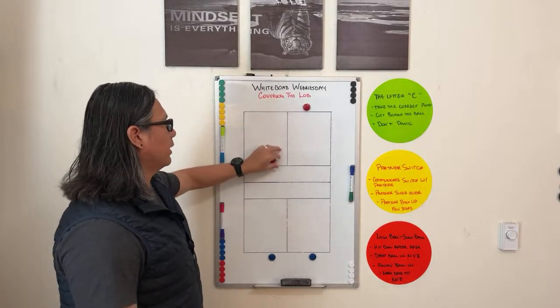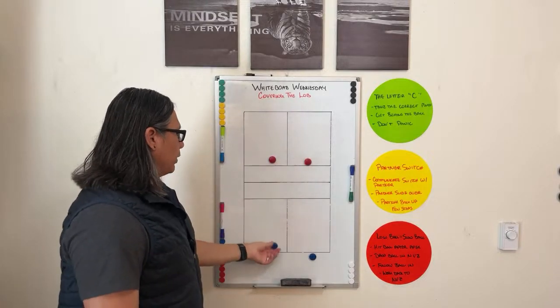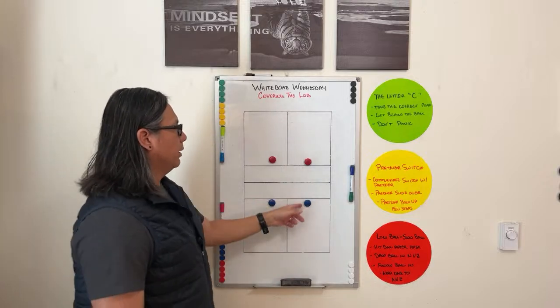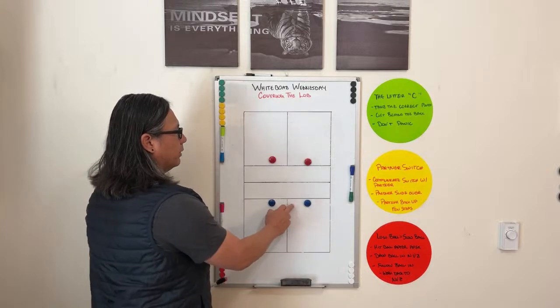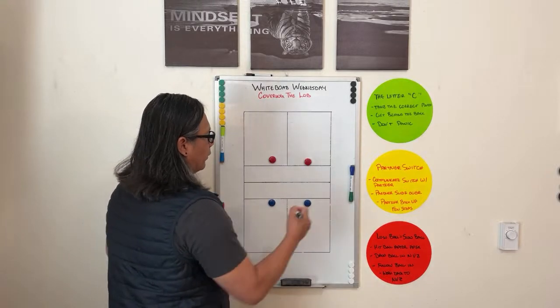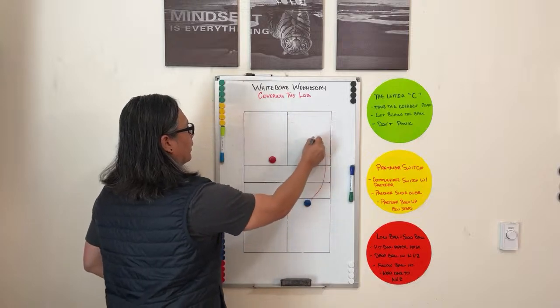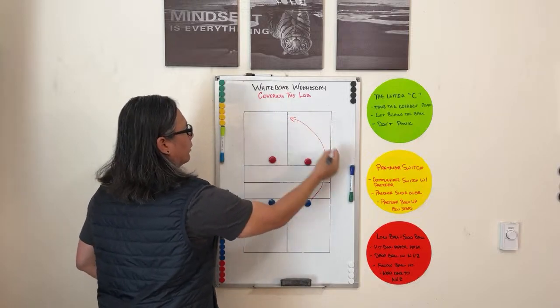So basically, a lot of times what happens is the players are up here at the line, right? And say this team here decides that they're going to hit a lob, right? They're hitting a lob here. This is the lob.